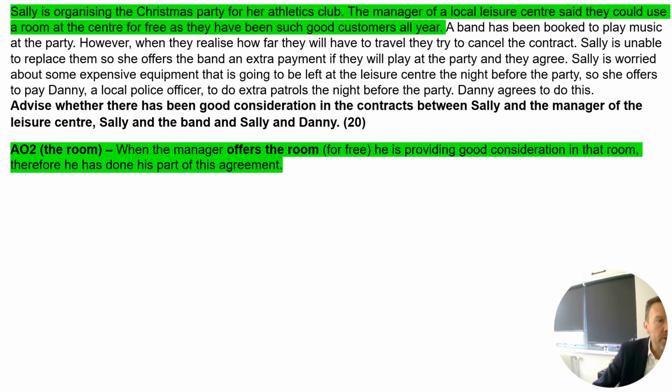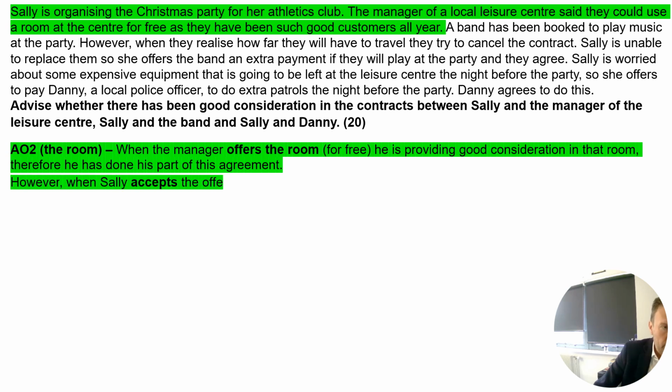The first point you could make is that when the manager is offering this room for free, you might say it's some sort of gratuitous promise at this point. But the first observation there is he's providing good consideration in that he is promising the room, and in a sense he's done his bit when it comes to consideration.